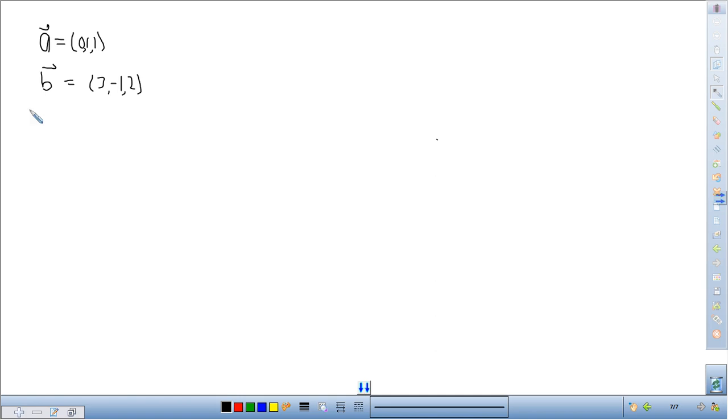All right. Now, your text has a very convoluted and uninformative way for calculating what the cross product is. I'm going to give you a slightly different way. Let's say we take a 3 by 3 matrix. In the middle row of this matrix, I'm going to put in the A component.